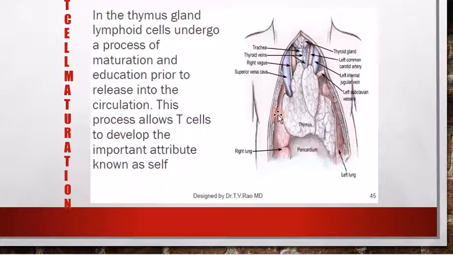Therefore, it is very important that they get education. That's why they are sent to the thymus for prior maturation and education, which makes them know self and non-self. Self means body cell. Non-self is any foreign particle. If it's a foreign particle, it will act upon it and destroy it. If it is self, then it will try to preserve and protect.